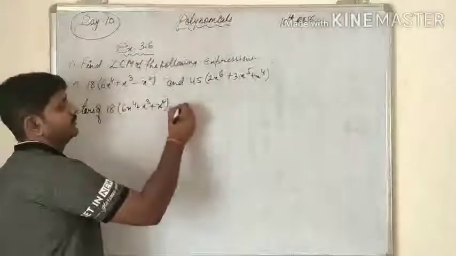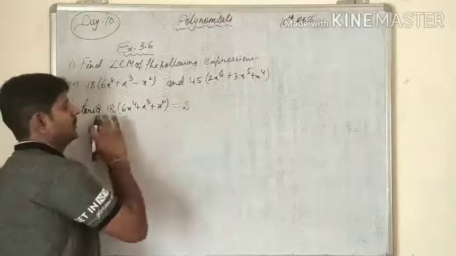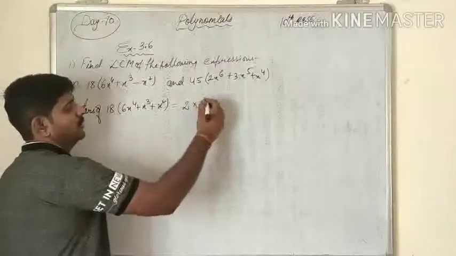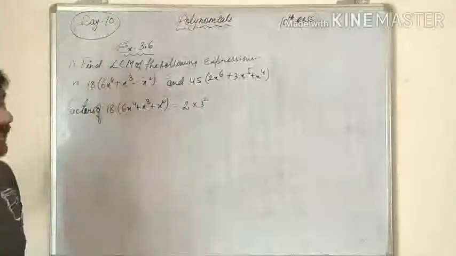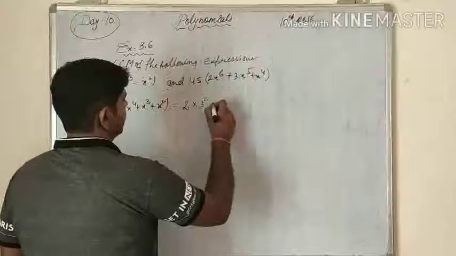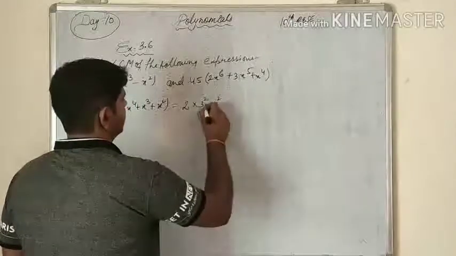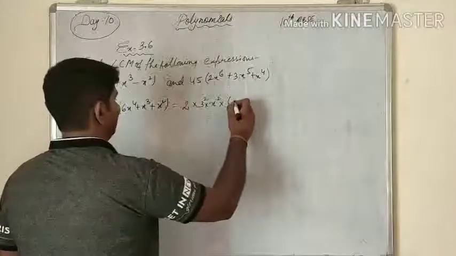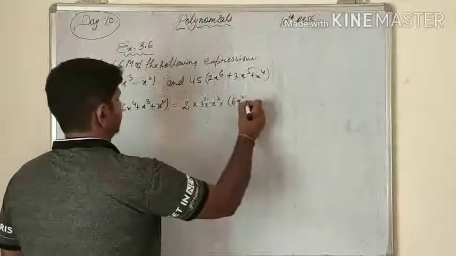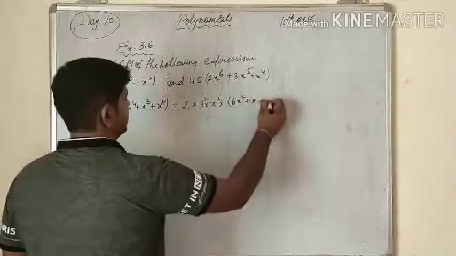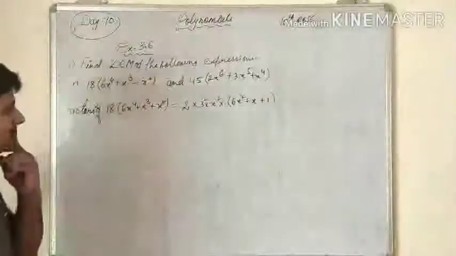So there will be 2 into 3 square, that is called 18; 9 twos are 18. If I talk about their factors, x square can be taken out. So what is left? 6x square plus x minus 1.